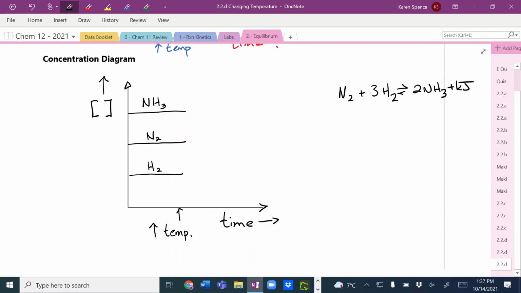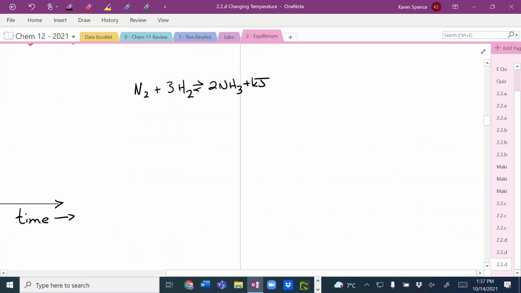Here's a question, and this is tricky. Think about it hard. What happens to our concentrations in the moment we change the temperature? Why? Imagine that we had a single gas.